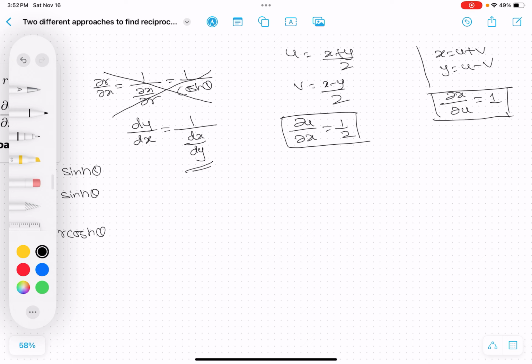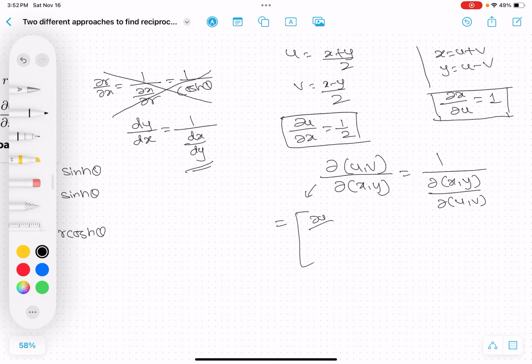Now even in partial derivatives, what's reciprocal needs to be equal is, if we have the partial derivative of u, v, how this u, v changes with respect to x, y, now this can be reciprocated, right? And if you are wondering how to find this thing, this is basically partial u by partial x, partial v by partial x, partial u by partial y, partial v by partial y.